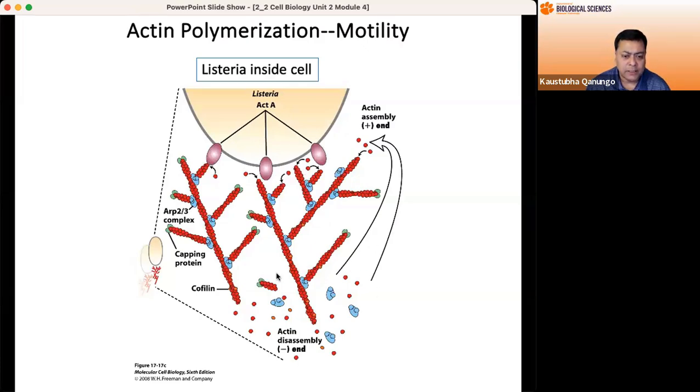Behind it, the staircase is dissociated, and all these free actins are added onto the staircase, and they are just climbing on that staircase to move forward, just to give an idea. This is an extremely fast movement, and you can see the supplementary video of how fast they can move. These are some of the very interesting pictures that you can see.